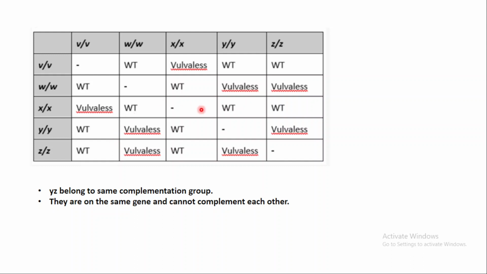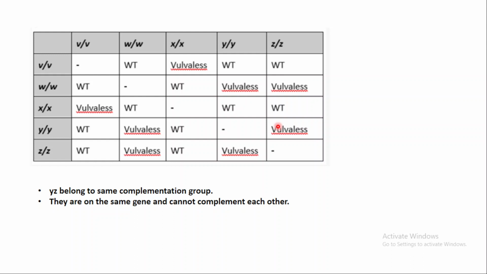Can you see the table here? Y and Z. Yes, definitely. Y and Z belong to the same complementation group. That means they are not able to complement each other. You see here, when YY is crossed to ZZ, we still get the vulvaless phenotype. That's why there is a high chance that Y and Z are mutations in the same gene.